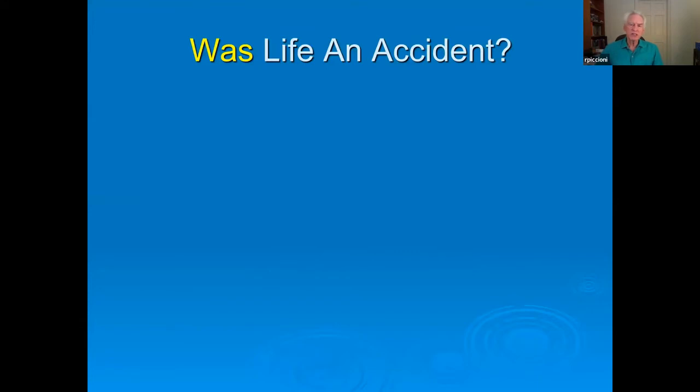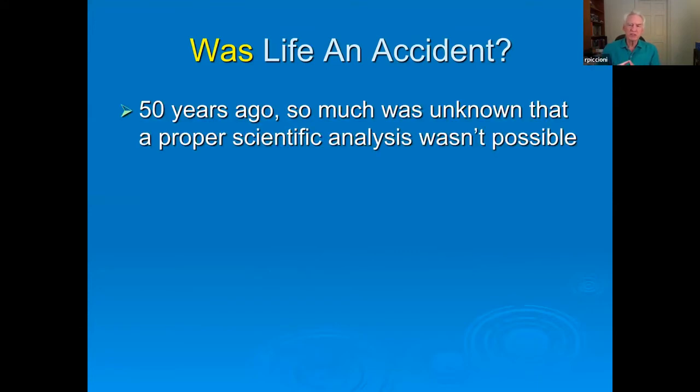Well, so the question is, did the first life originate purely by some accidental chemical and physical process, or does it have some deeper origin? Now, when the argument started 50 years ago, there were so many things that we didn't know that it was just really a matter of debate.